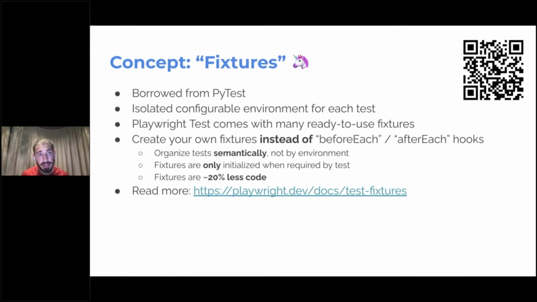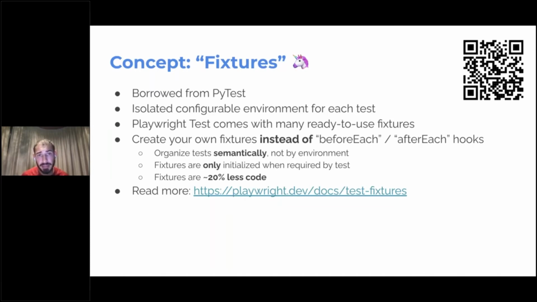You can actually create your own fixtures, and we encourage you to do so instead of using beforeEach and afterEach hooks. Because this way you can organize tests semantically instead of by environment, like you have to do with these hooks. And also fixtures are very performant in a way, because fixtures are not initialized unless they are used by a test.